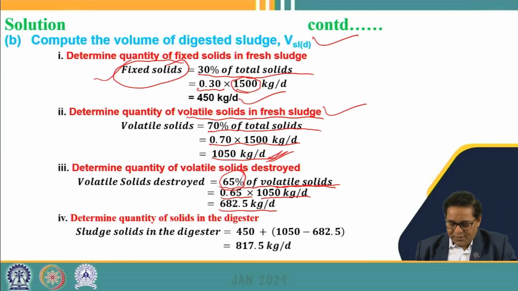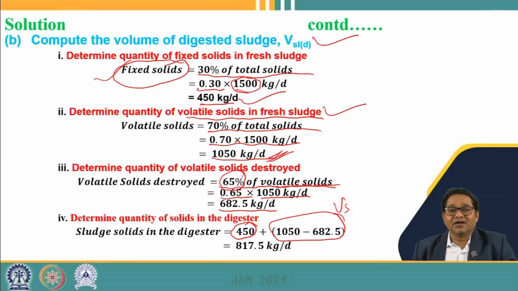That will be 1050 minus 682.5, and this is added to the fixed solids which will be there in the digested sludge. The summation of the two gives 817.5 kg per day. This is the total amount of digested solids.